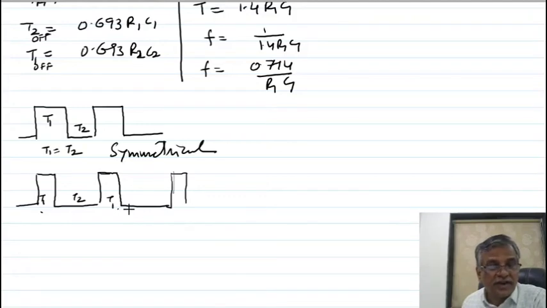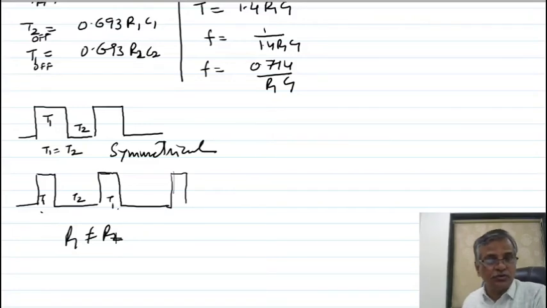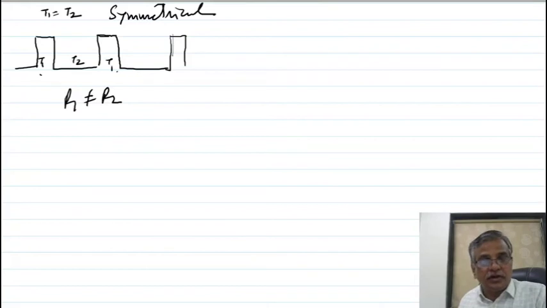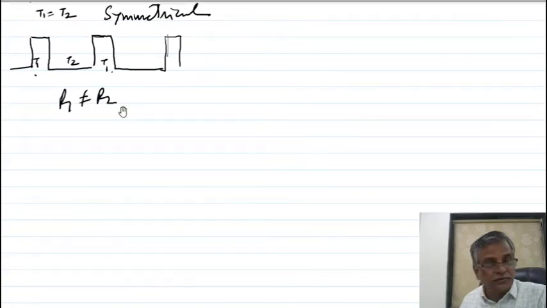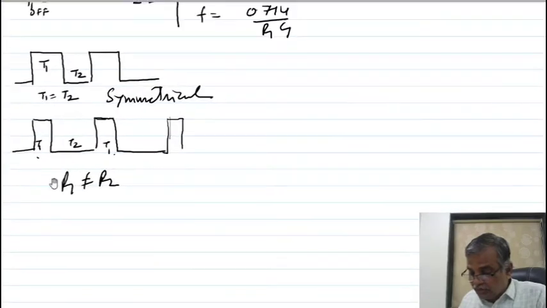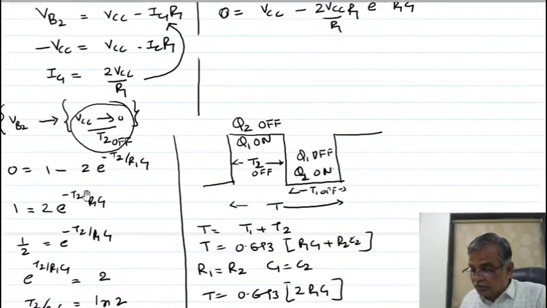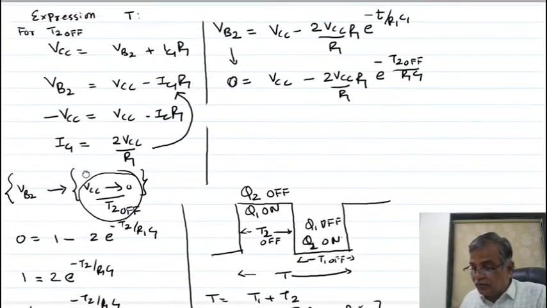For that, R1 and R2 are not equal, C1 and C2 are not equal. By keeping different values of R1 and R2 or C1 and C2, you can get the asymmetrical output. Sometimes you can keep variable resistors.